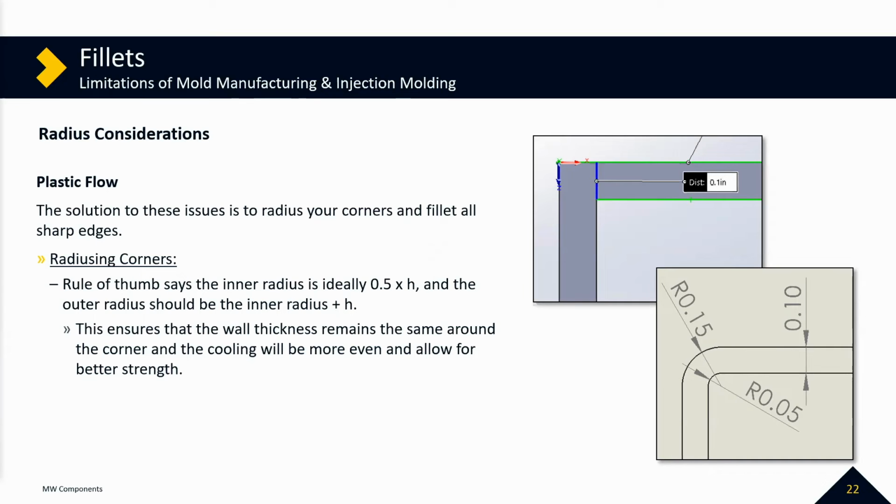The rule of thumb here is more or less an inner radius of half your wall thickness, and the outer radius being equivalent to your inner radius plus your wall thickness, or 1.5 times your wall thickness. That ensures wall thickness remains the same around the corner, cooling will be more even, and it allows for better strength and less stress in your part.